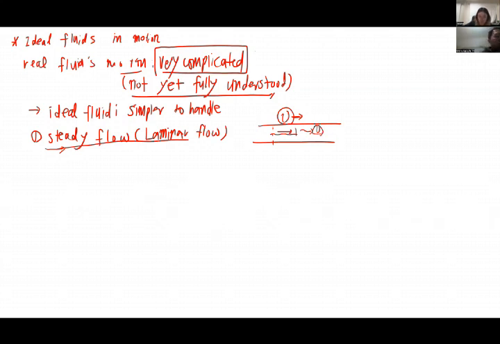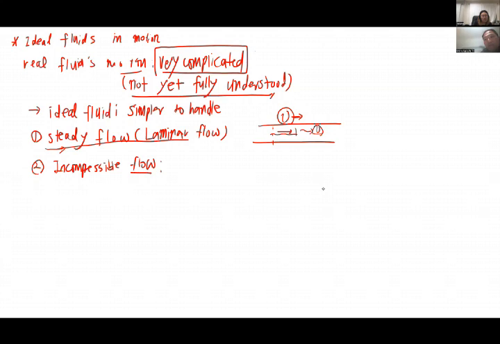Number two, incompressible flow. What do you think this word means?